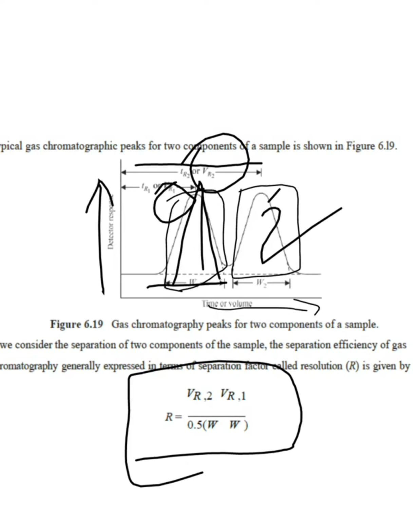What is the quantity? It should be W1 plus W2, where W is nothing but the baseline width of compound 1 and compound 2.